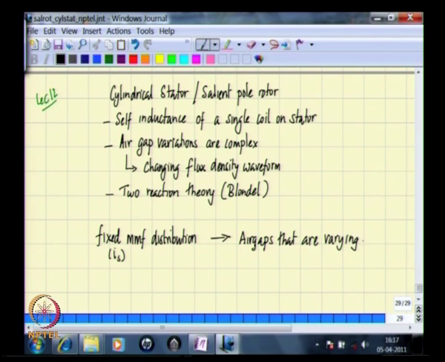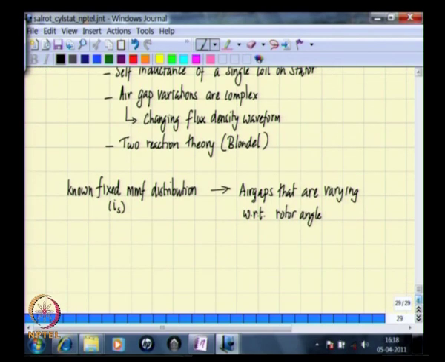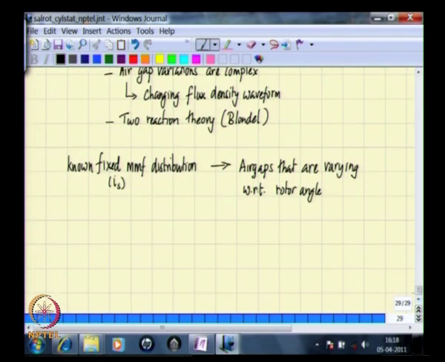So, for that fixed MMF distribution, this MMF distribution is known and air gaps that are varying with respect to time, varying with respect to rotor angle as the rotor rotates, and therefore the situation is fairly involved. You do not know how to get the flux density distributions.